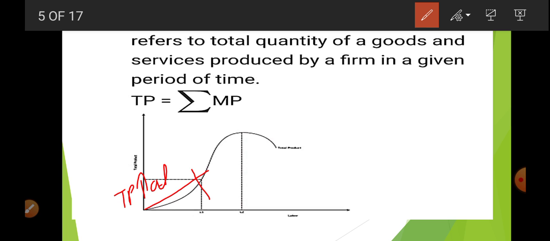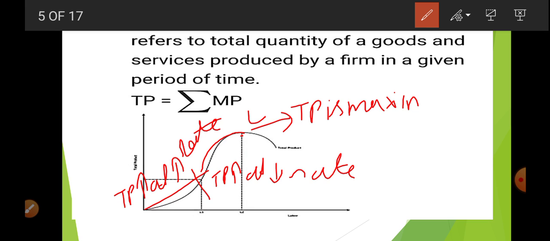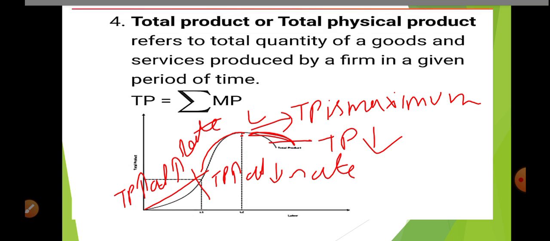From here to L, TP increases at a diminishing rate. And at point L, TP is maximum. After L, in this area, TP started to decrease. So that is all about the total product.